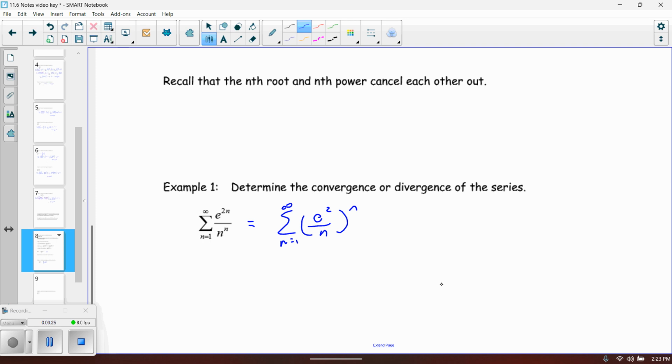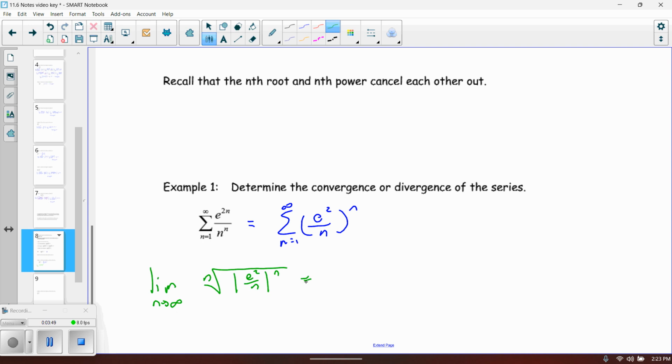Let's use the root test. And the root test says, if we take the limit as n goes to infinity of the nth root of the absolute value of the series, which is going to be the absolute value of e squared over n raised to the nth power.